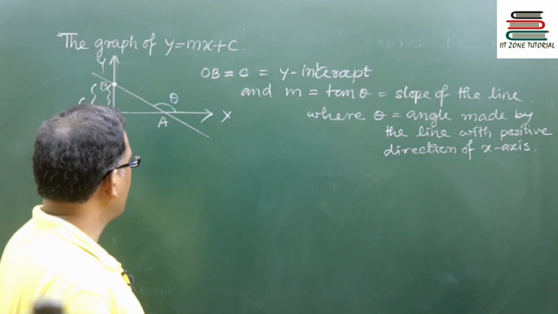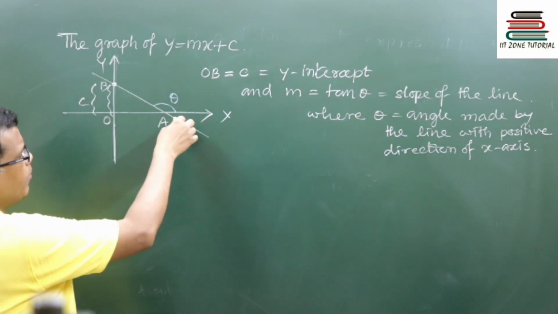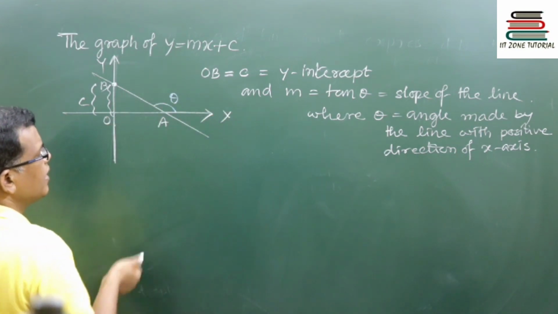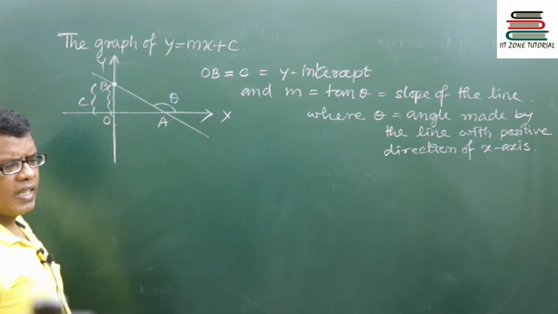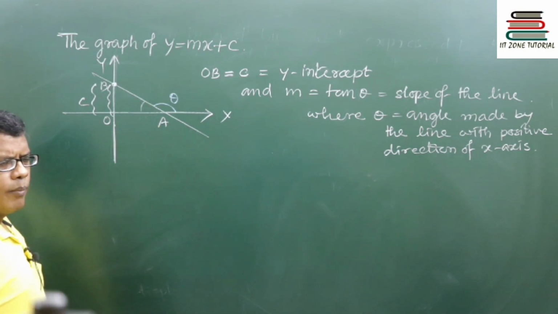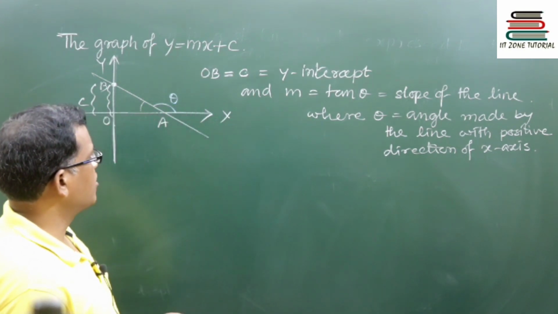Is that okay? And as per the position of the line, it makes an angle theta with the positive direction of x axis. If you only say the angle made by the line with the x axis, then you may take this one too, but the actual requirement is the theta which will decide the slope of the line.